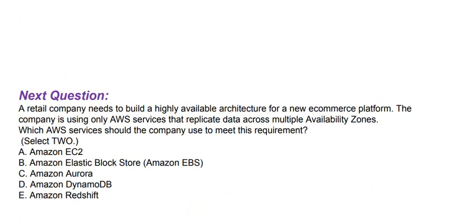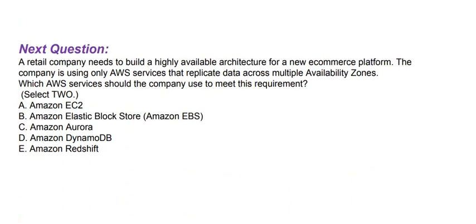Next question is, a retail company needs to build a highly available architecture for a new e-commerce platform. The company is only using AWS services that replicate data across multiple availability zones. Which AWS services should the company use to meet this requirement? Select two options.